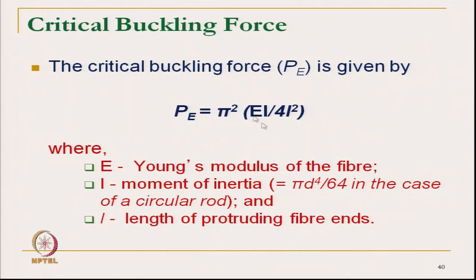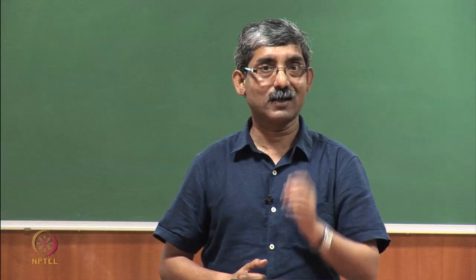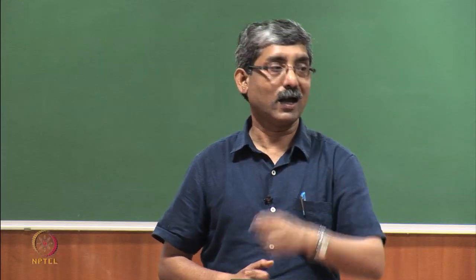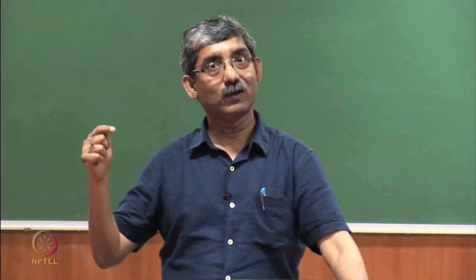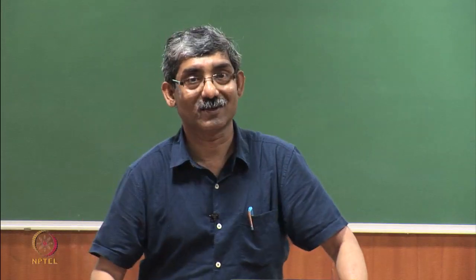With this equation we can get the critical buckling force. That means if we use a fiber with higher Young's modulus, it will give higher critical buckling force, which means higher prickle sensation.